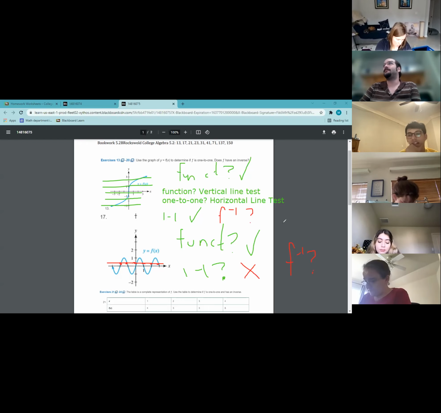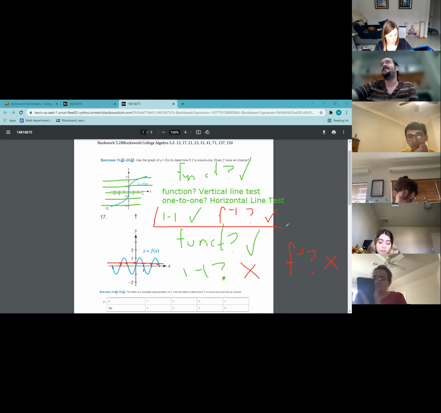It's saying that we could flip it. Yeah, it's kind of the same thing, but not exactly. If we flip it, the vertical line test would be the same thing as the horizontal line test. So if it's 1-to-1, does it have an inverse? Yes. If it's not 1-to-1, does it have an inverse? No. So these two things are kind of the same question with the way this book defines things.